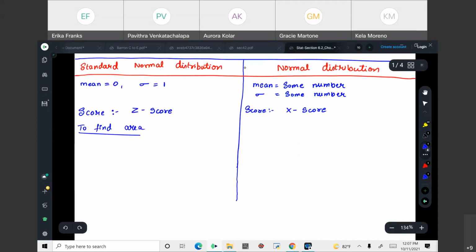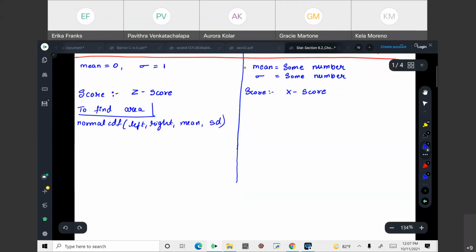Now, how do we use that? Remember, normal CDF has 4 values, that is left, right, mean, and standard deviation. For standard normal distribution, we know that mean and standard deviation are 0 and 1 always. It could be for any problem.